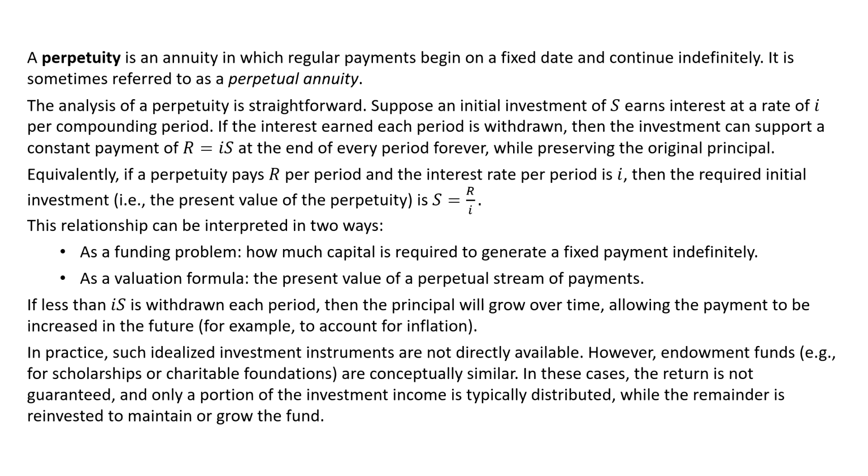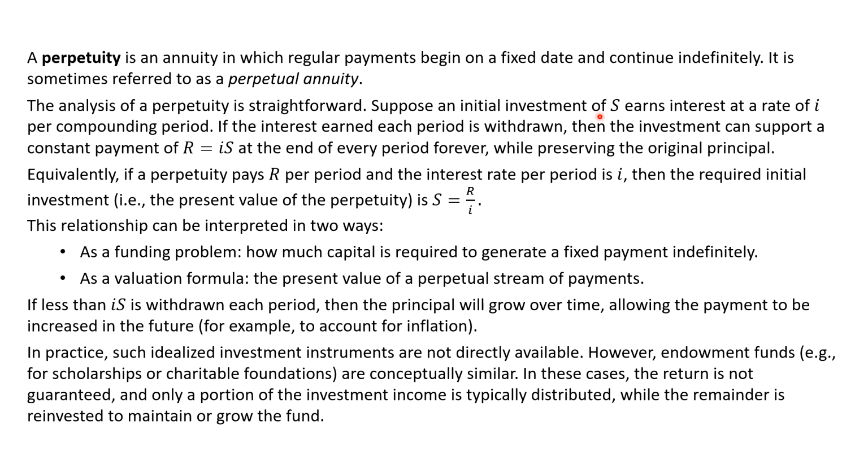We have another type of annuity here. It's called a perpetuity. It's an annuity in which regular payments begin on a fixed date and continue indefinitely. It is sometimes referred to as a perpetual annuity. The analysis of a perpetuity is straightforward.